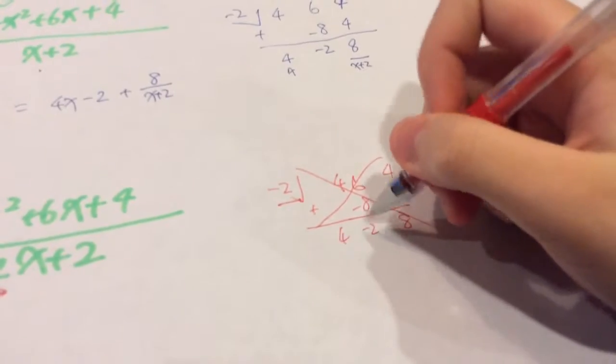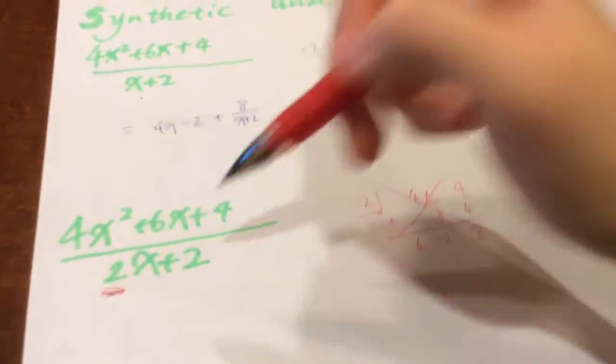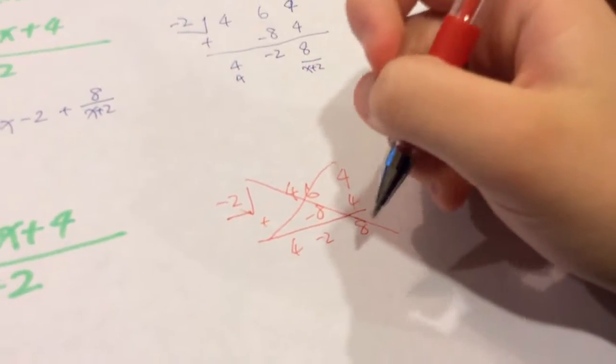So if you do this, it will be dividing by x plus 2, but the question here is 2x plus 2. Let's see what exactly is wrong with this.